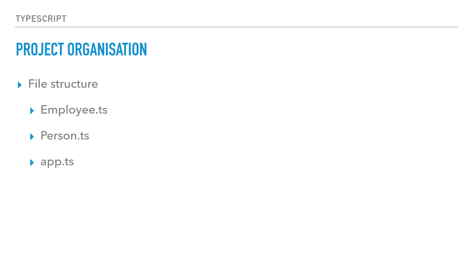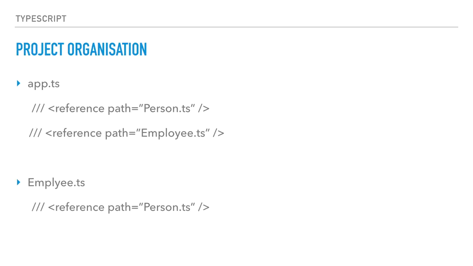So how do they relate to each other? And okay, where is the other module? Where are the references? This is a way that TypeScript provides to us to refer to other files and then to import them. So you need to use three slashes and then use reference path, and point to the file. So in the case of the app.ts, we are saying, okay, we will work with person.ts and employee.ts.